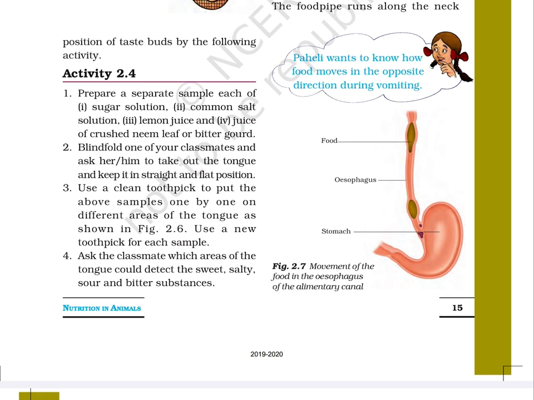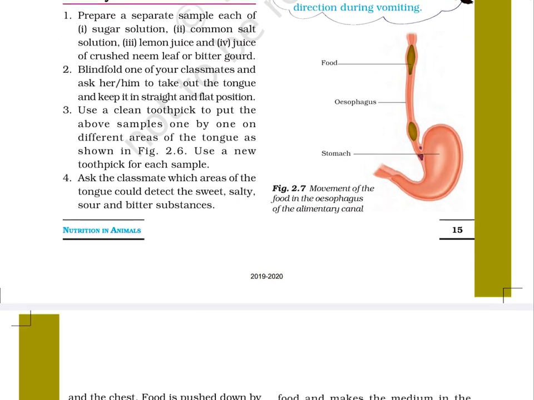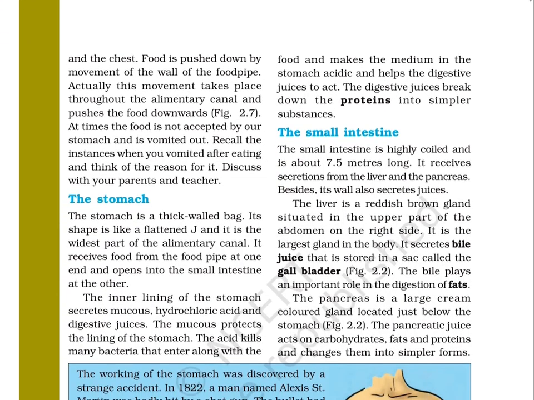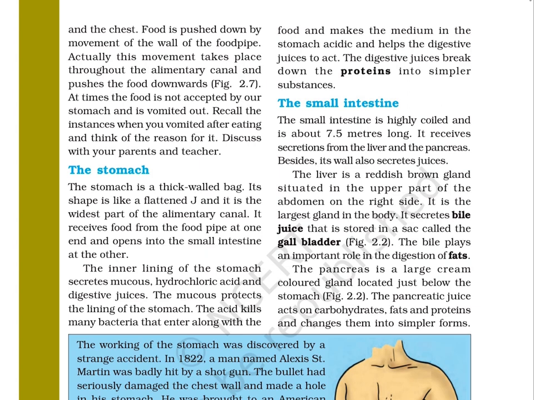Figure 2.7. Movement of the food in the esophagus of the alimentary canal. In this diagram, we can observe the food moving through the esophagus towards the stomach. Page 16. Food is pushed down by movement of the wall of the food pipe.